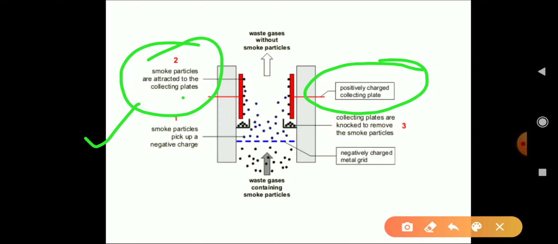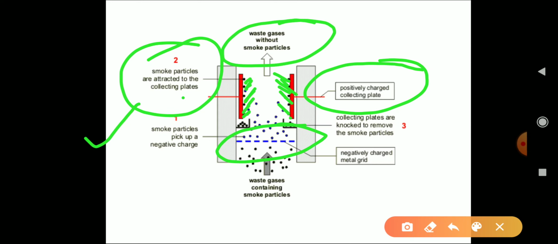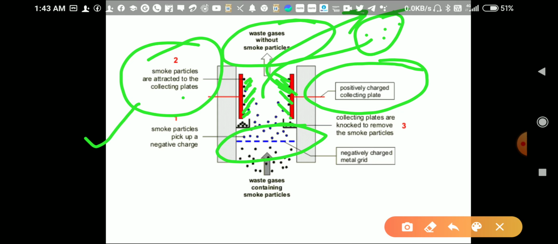This is your negatively charged metal grid. The ash accumulates here, and gases go into the atmosphere without ash particles. Ash particles are here.